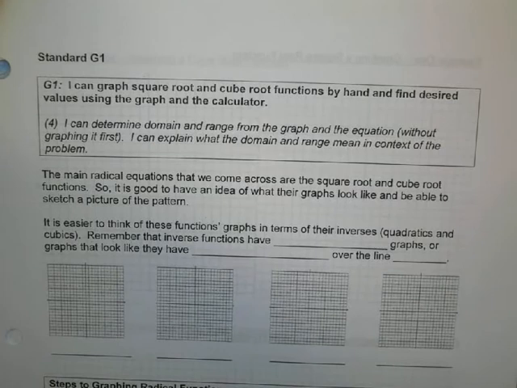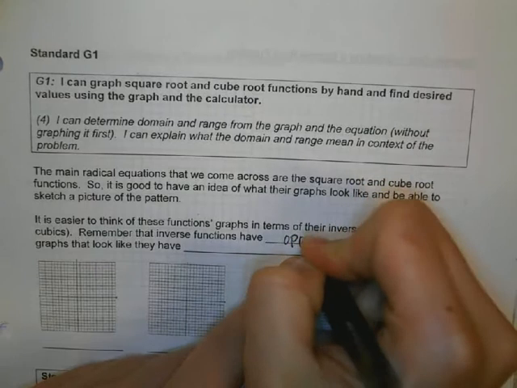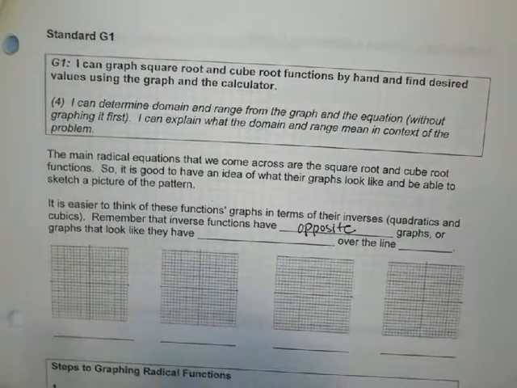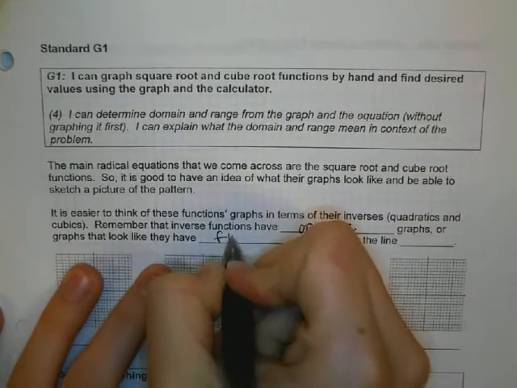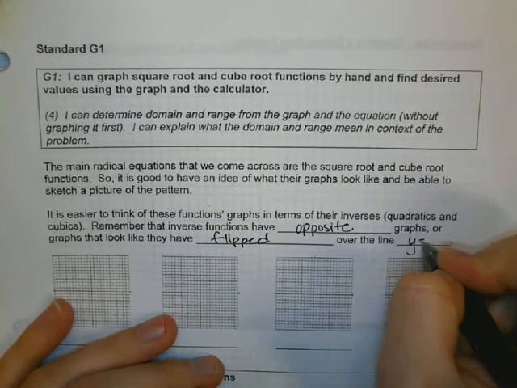It's easier to think of these function graphs in terms of their inverses, quadratics and cubics. So meaning like the square root function is the inverse or the opposite of a quadratic, and the cube root function is the opposite of a cubic. Remember that inverse functions have opposite graphs, or graphs that look like they have flipped over the line y equals x.